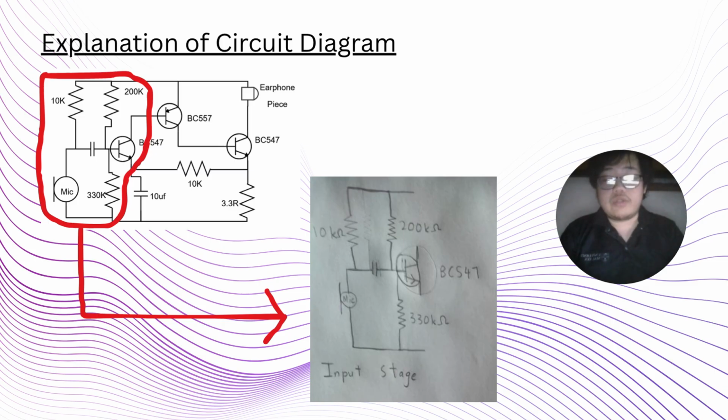The 200K ohm and the 300K ohm resistors form a bias network for the transistor in the picture. Both resistors establish the transistor's operating point so that it remains in the active region and keep the transistor ready to amplify both positive and negative signal from the input signal.